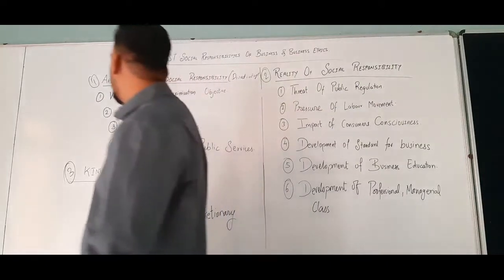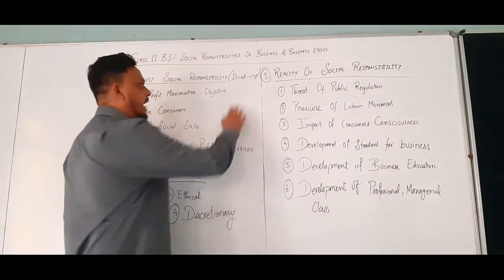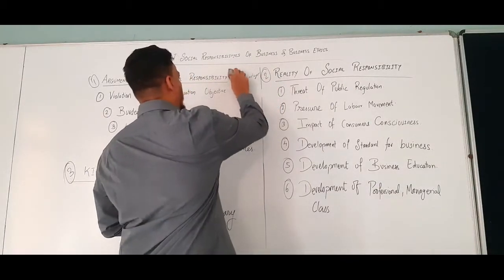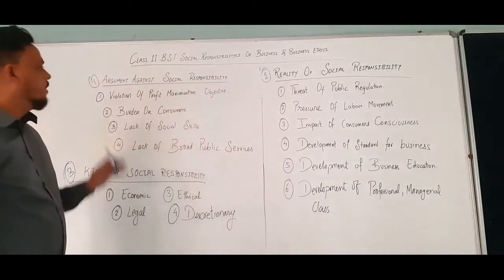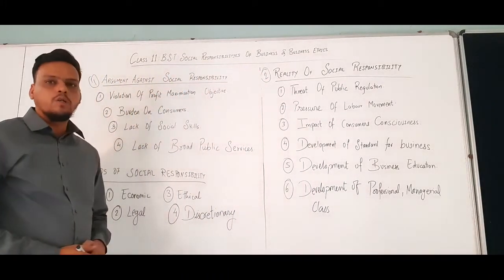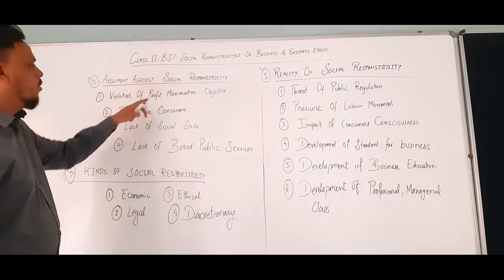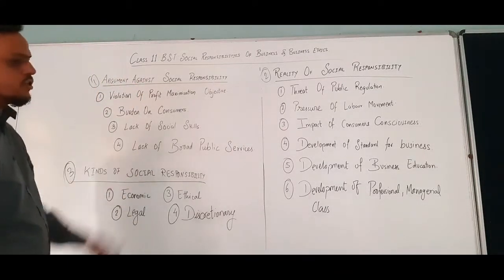According to the violation of profit maximization objective, if we take care of only and only social responsibilities, then the business cannot concentrate on profit maximization. That's why it has been considered as against.